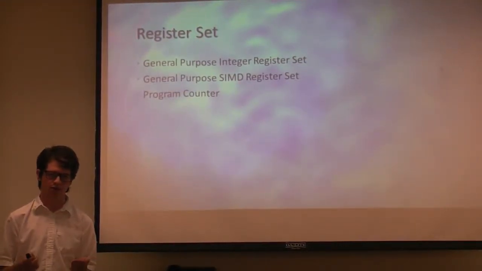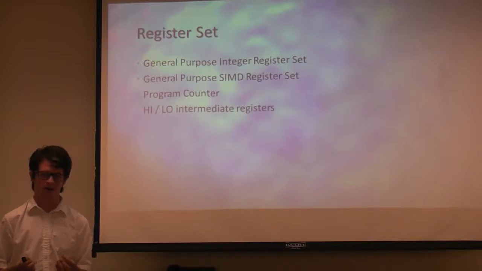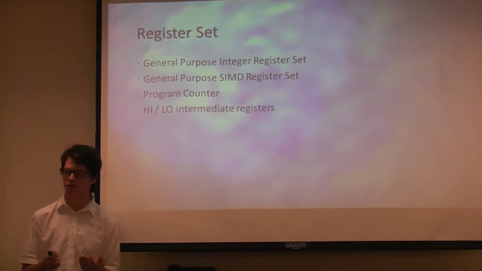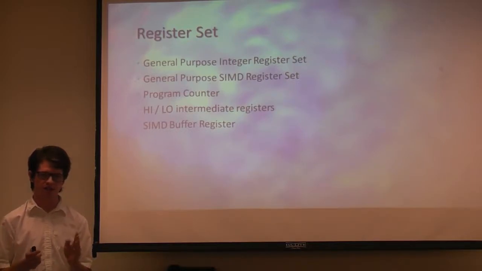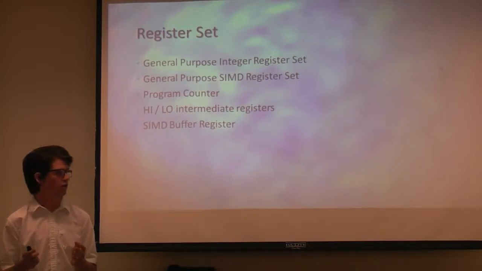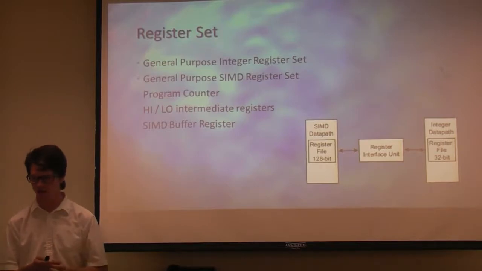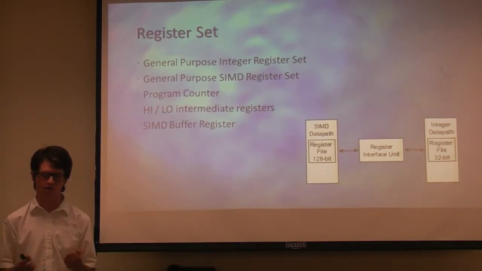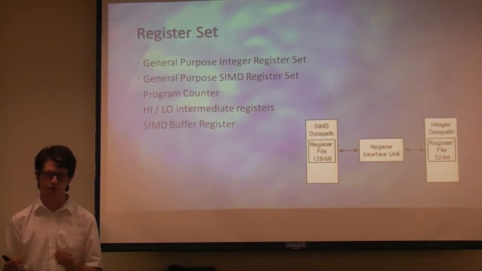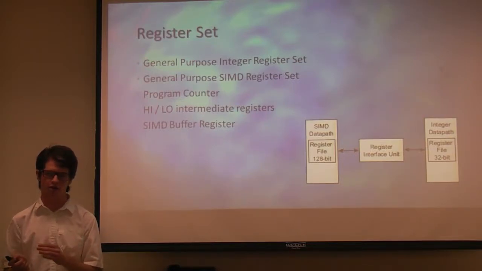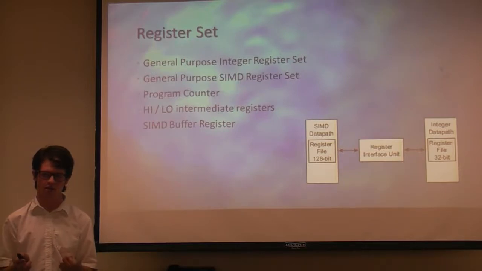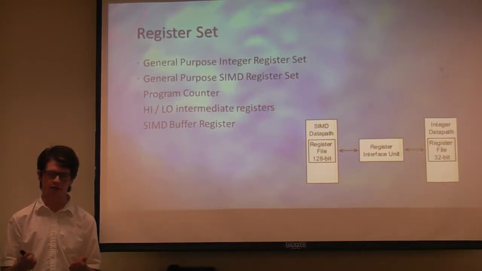There's the program counter register, the high and low intermediate registers, and the SIMD buffer register, which we are calling the Ryu. It's what allows us to communicate between the integer data path and the SIMD data path. And there's another Ryu we use to talk between memory and the SIMD data path.